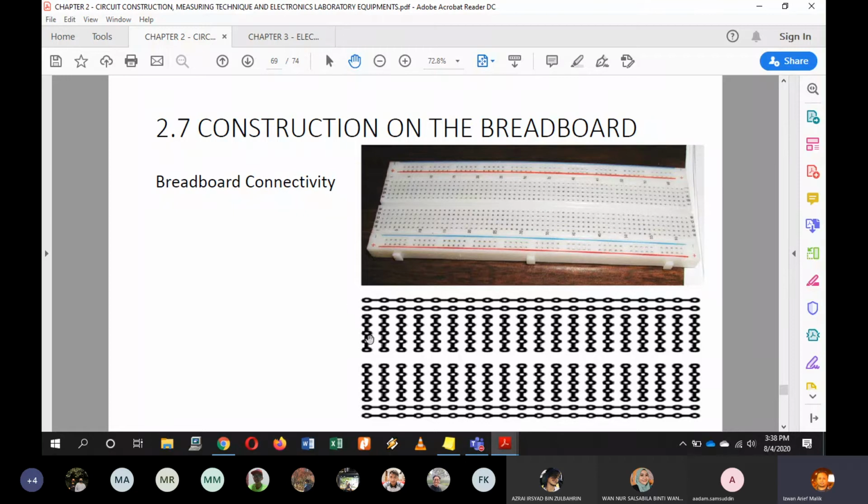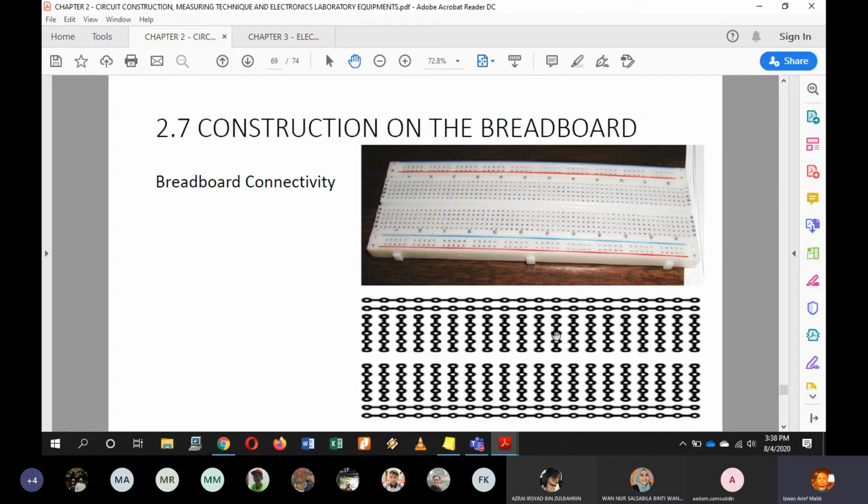And then these horizontal lines, which are 5 for each of the lines, 5 on the top side and 5 on the bottom side. So the connectivity is different between the top and bottom 2 and the middle. The outer 2 connect along the length, horizontally like this. For the middle ones, these 10 holes are connected vertically. So it is different in terms of connection.